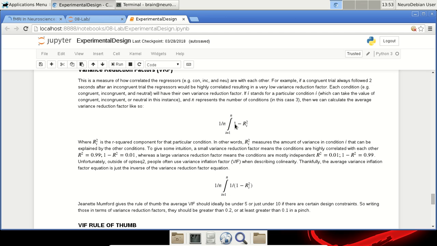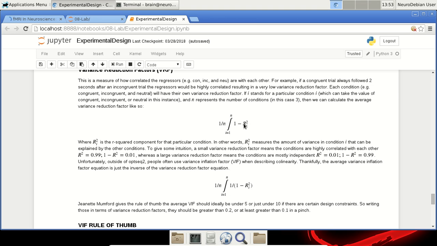So for a given condition, say congruent, how much can we explain the variance in congruent? So the congruent BOLD signal across time is our eventual outcome goal. How much of that BOLD signal could we explain with the incongruent and neutral trial types or conditions?